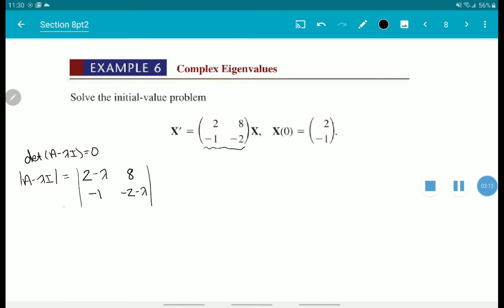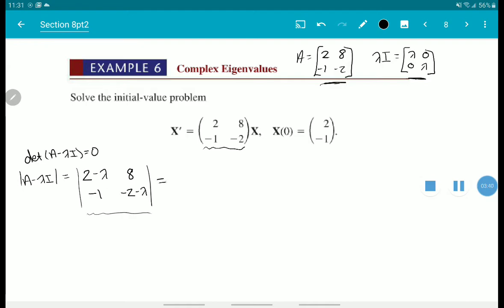Just to review where that came from, our A matrix is 2, 8, negative 1, negative 2. And lambda I is going to be lambda, 0, 0, lambda. So if I take A and I subtract lambda I, we're going to end up with this guy.